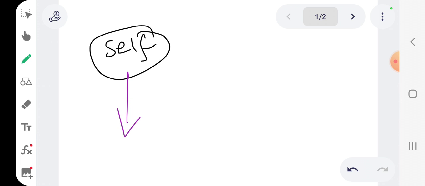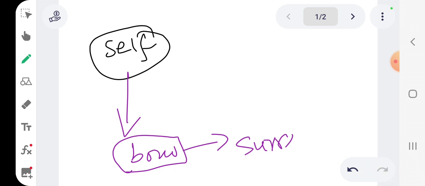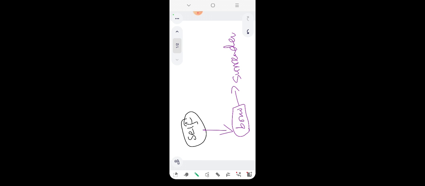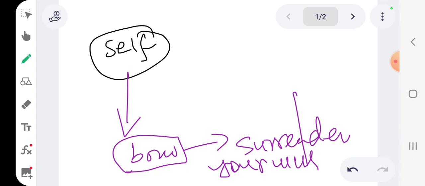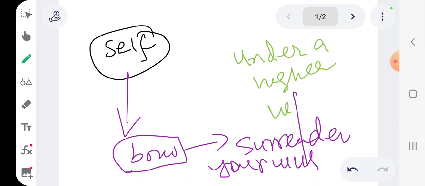For a liberal self, it is almost blasphemous to surrender your will under a higher will.